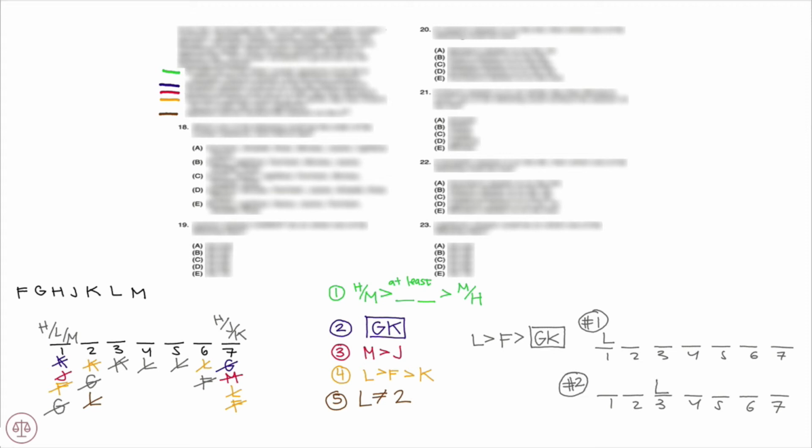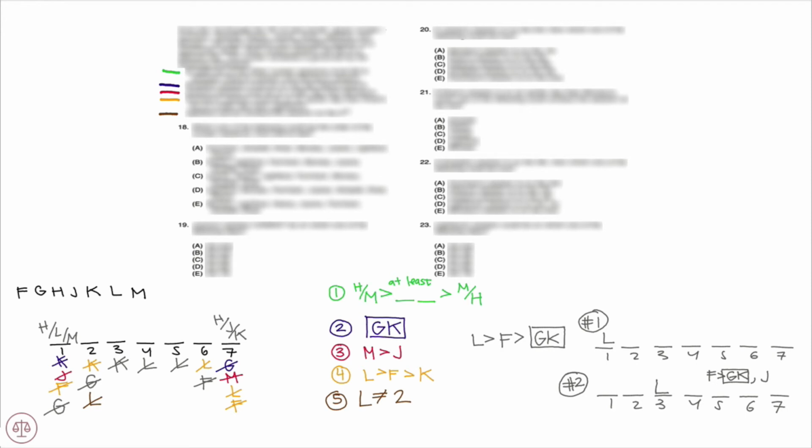So again, we know that F, G, and K are going to be after L. So we have 1, 2, 3, 4 spots for F, G, and K. Now, what if we were to place our F, G, K string along with J to the right of L?